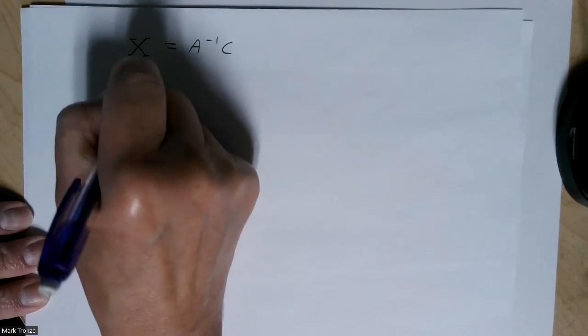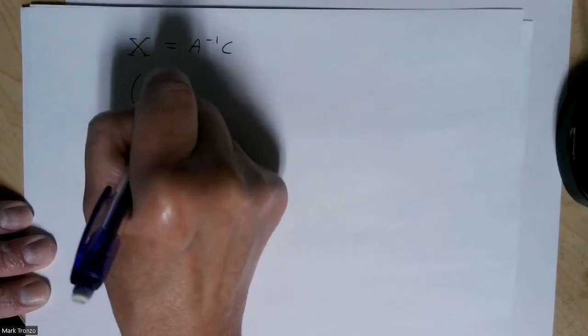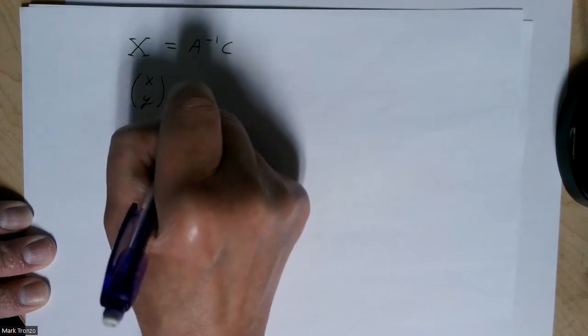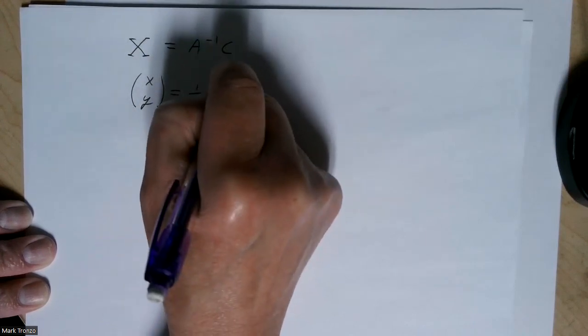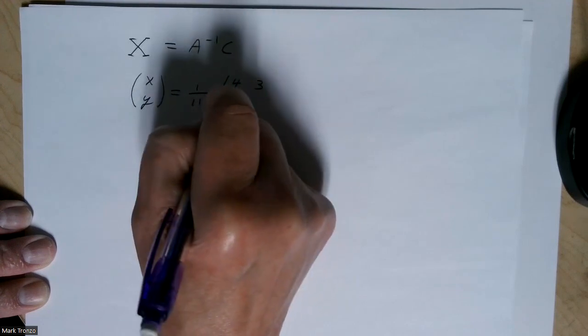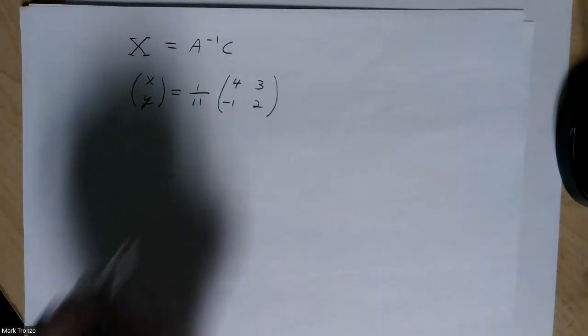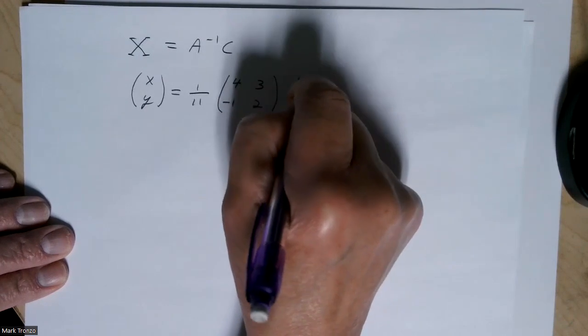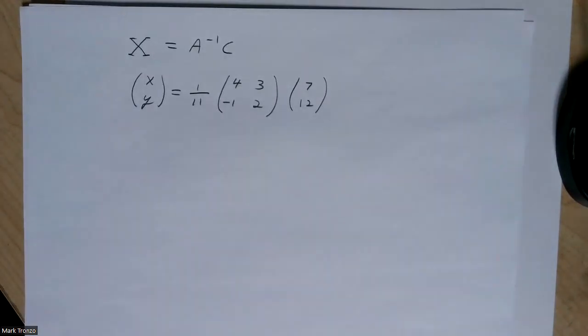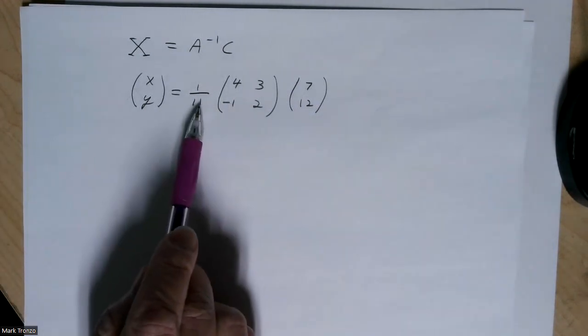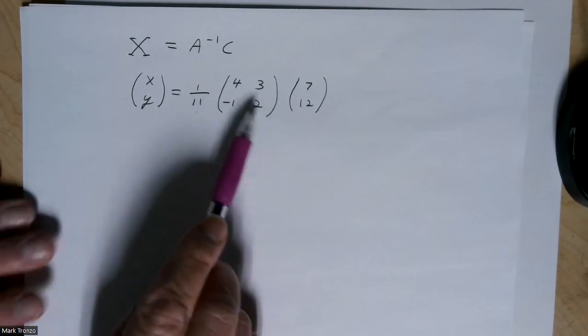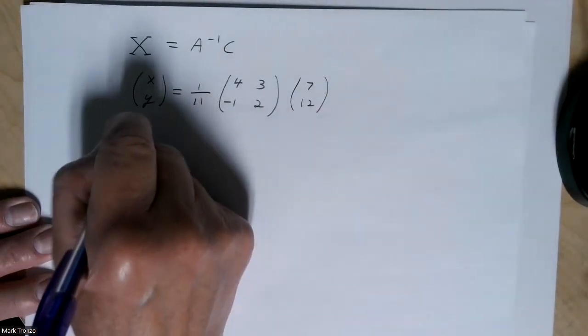That's x and y. And then C was 7 and 12, like this. And like I said, it might be helpful just to leave this scalar outside. So again, let's multiply this through.